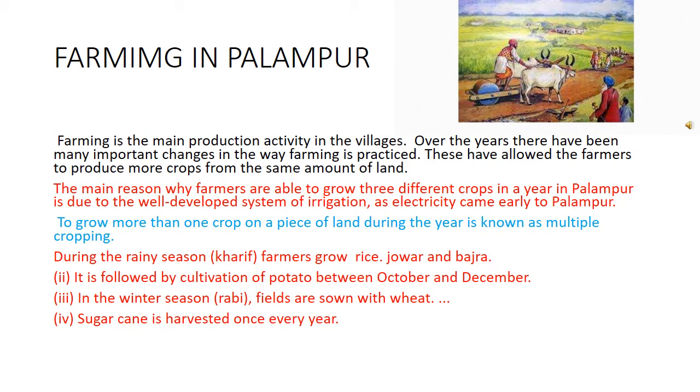Farmers grow wheat during the Rabi season. Rice is grown during the Kharif season. The other crops are jowar, bajra, potato, sugar, etc.